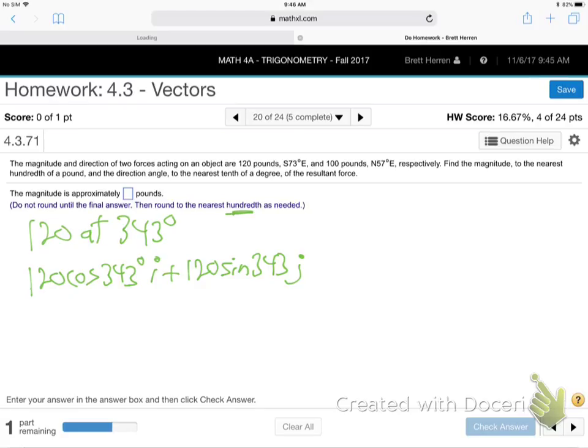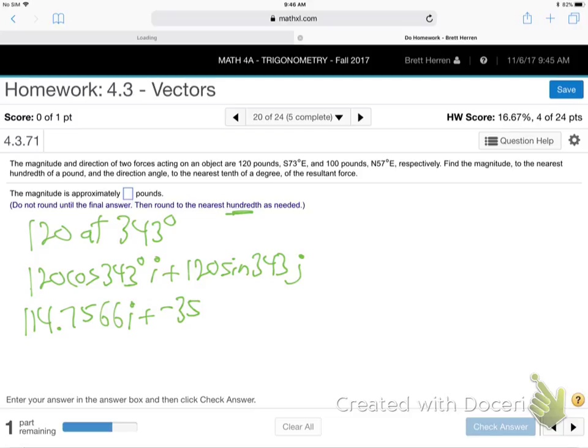So cosine 343. I'm getting 114.756. The other one I'm getting negative. See, it automatically goes negative, which we know it's down.